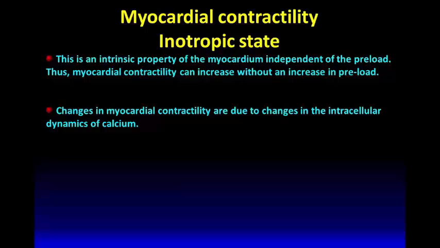Thus, myocardial contractility can increase without an increase in the preload. This is an intrinsic property of the myocardium. Changes in myocardial contractility are due to changes in the intracellular dynamics of the calcium ions.